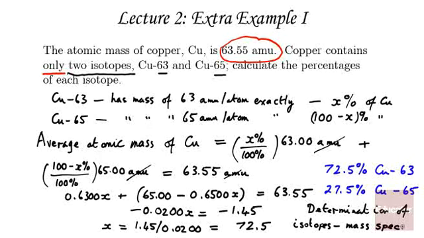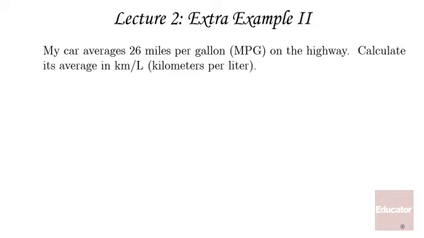This example asks us to convert the typical mileage of an automobile, 26 miles per gallon on the highway, pretty standard for today's cars, into the average in metric units, kilometers per liter.